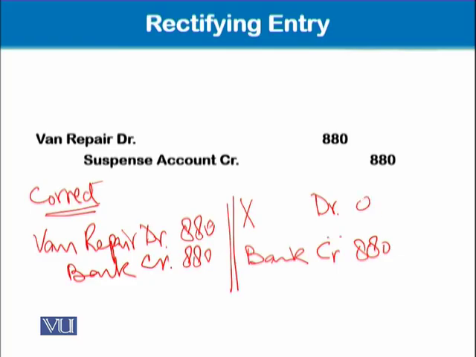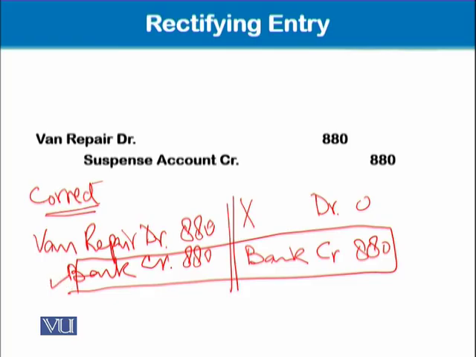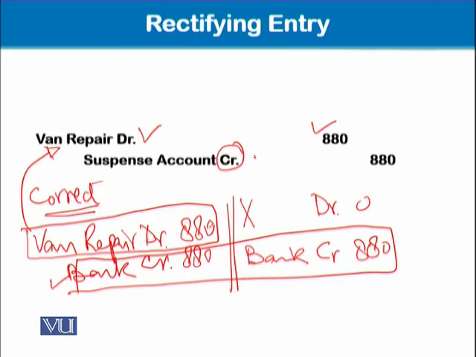Okay, so since bank is correctly credited, so nothing to do with this bank, we just need to give debit to van repair account. Okay, after giving this debit to van repair with 880, our issue will be resolved. And we know very well that when all the issues of rectifying an entry are resolved, then the balancing effect is given to suspense account.